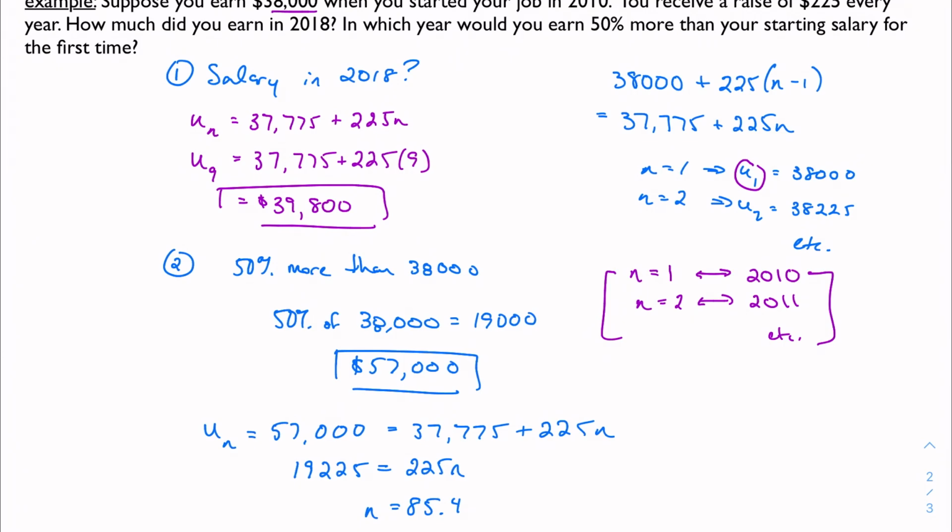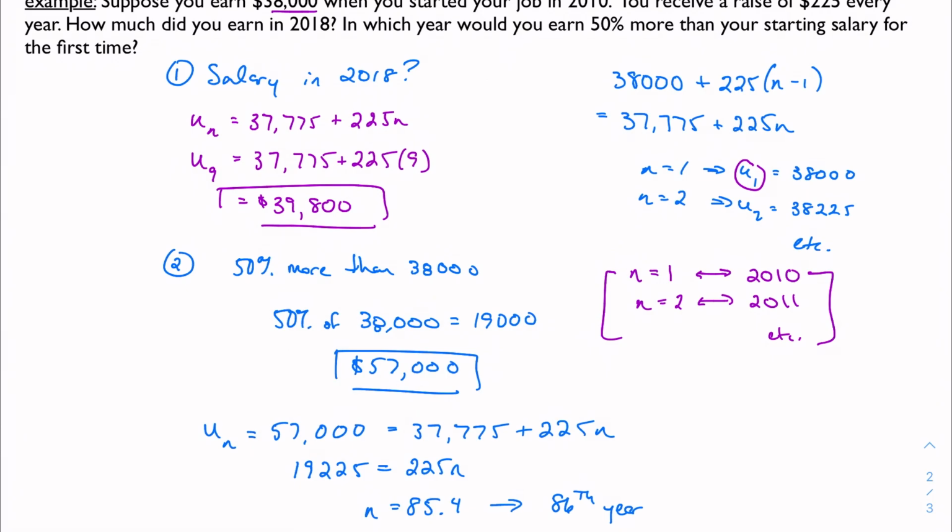We want to think about this. If I round down to 85, then I haven't actually made it over the 50% mark. I'm close, but I'm not there. So we really want to call this in the 86th year, which means I should find a new job.